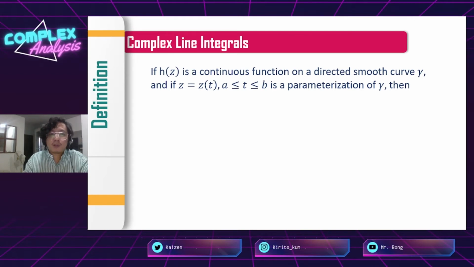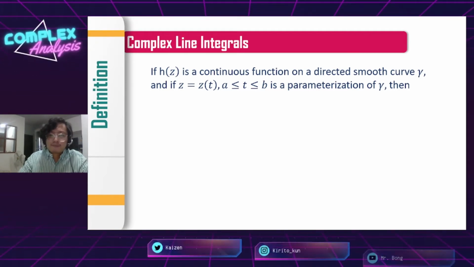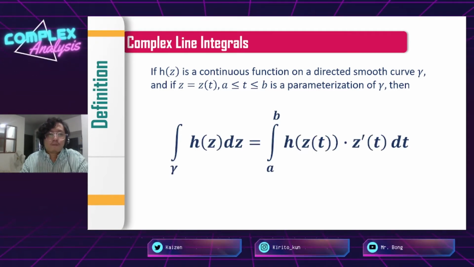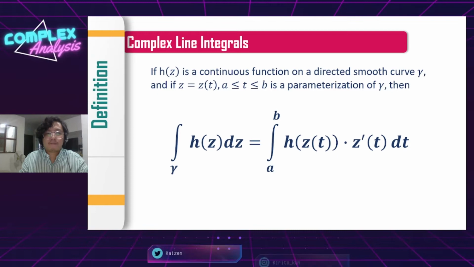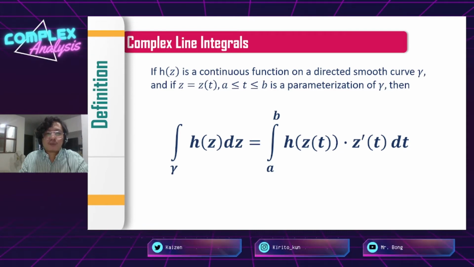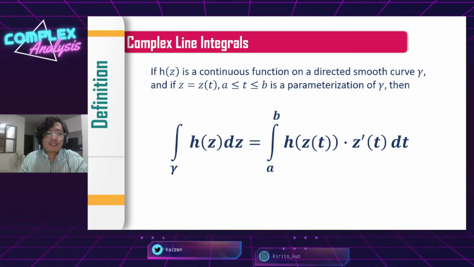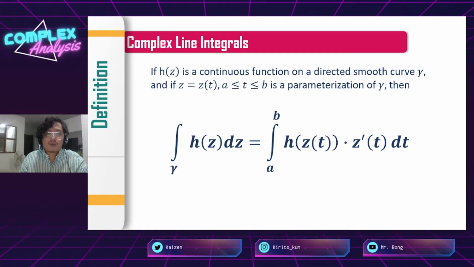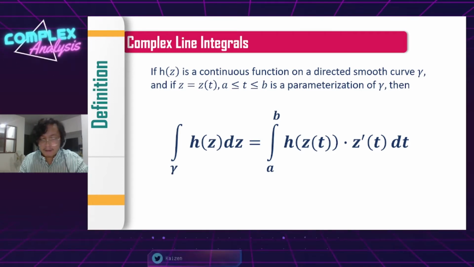And if we are able to find some parameterization of gamma, then we know that the integral of a function f along the curve gamma is equal to the following. In this expression, z of t is our parameterization of the curve gamma, and a and b are the constants for the starting and end point of our variable t.